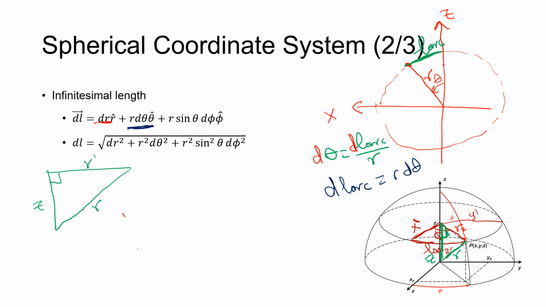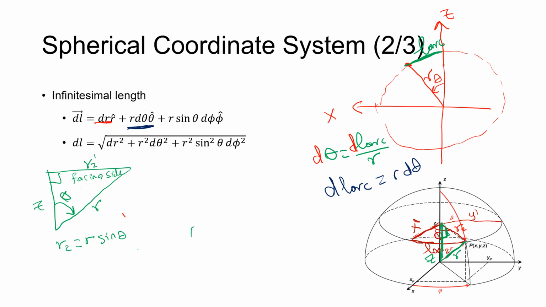The angle from z to r is just theta. So in this triangle, r2 will be simply r sine theta, because this is the side facing theta.